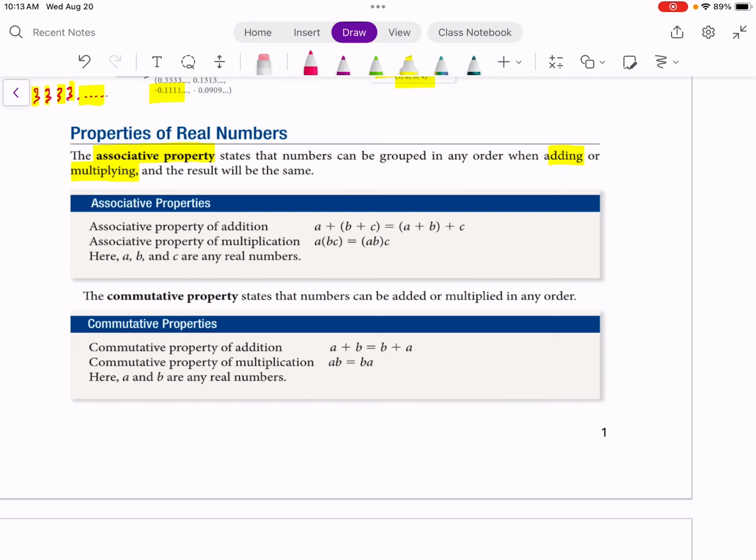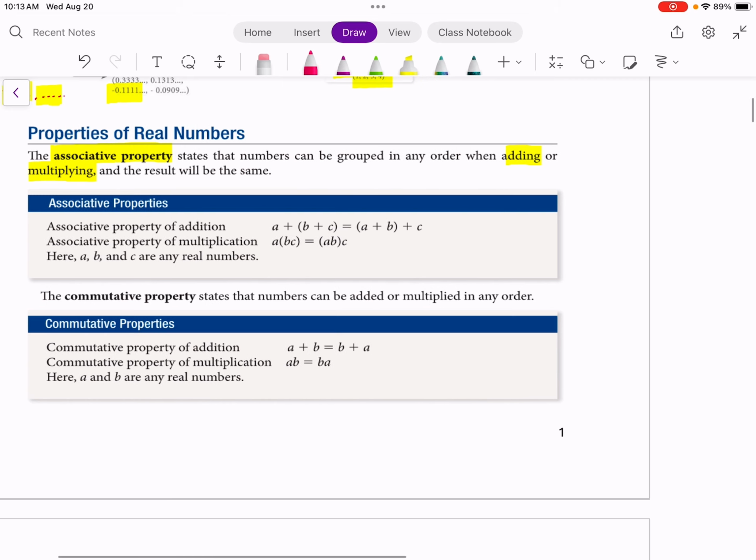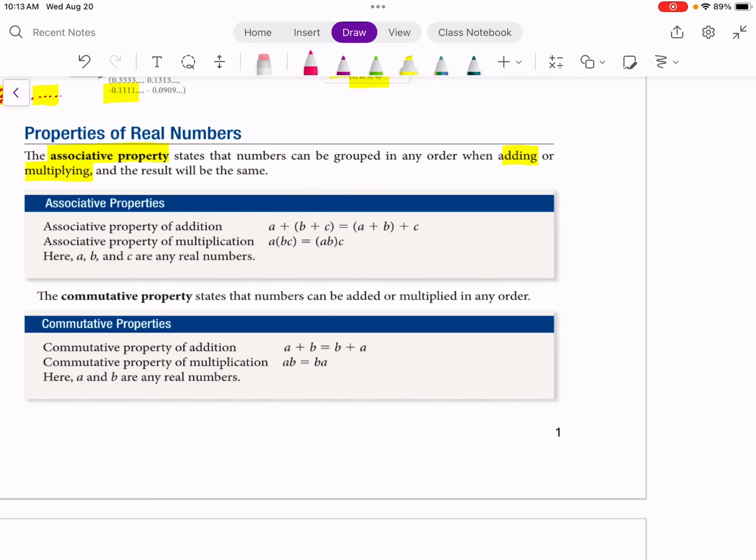For example, okay, let's add. So we have 2 plus 3 plus 4.